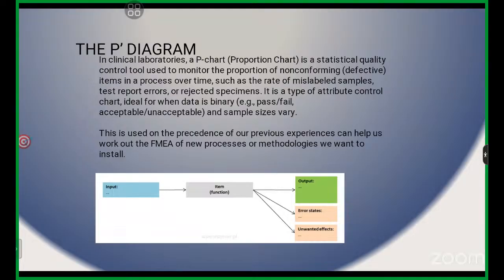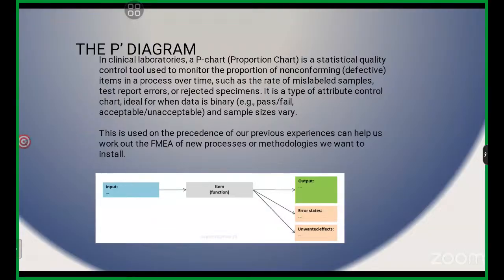This is used on precedents, for example, where our previous experiences are known, and they can help us to work out the FMEA for new processes or methodologies that we want to install.